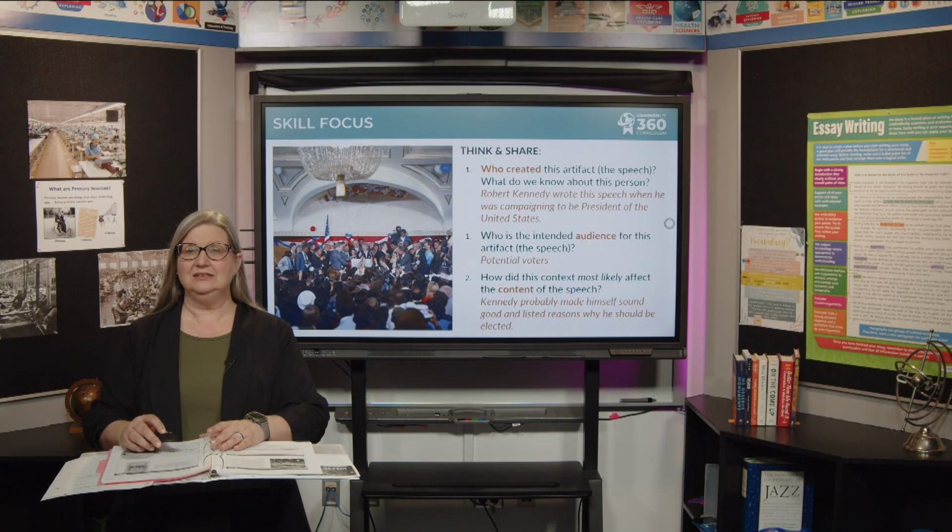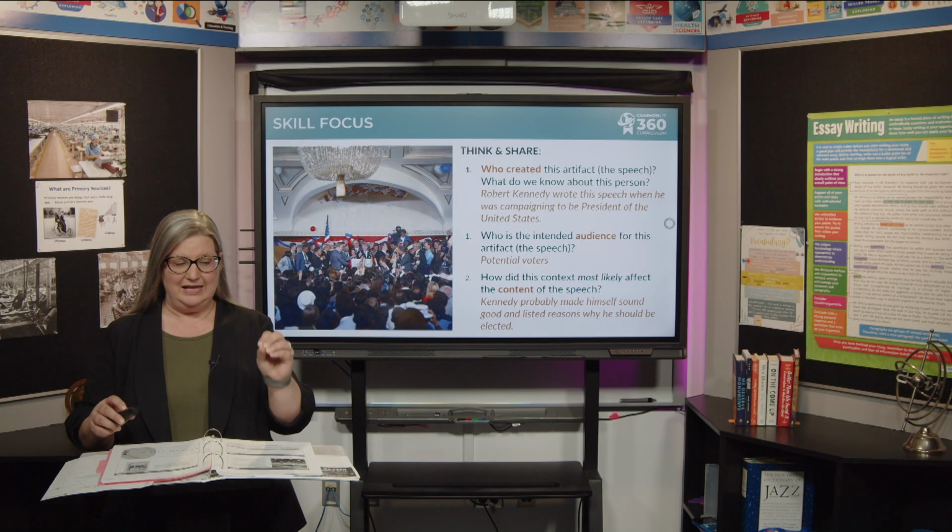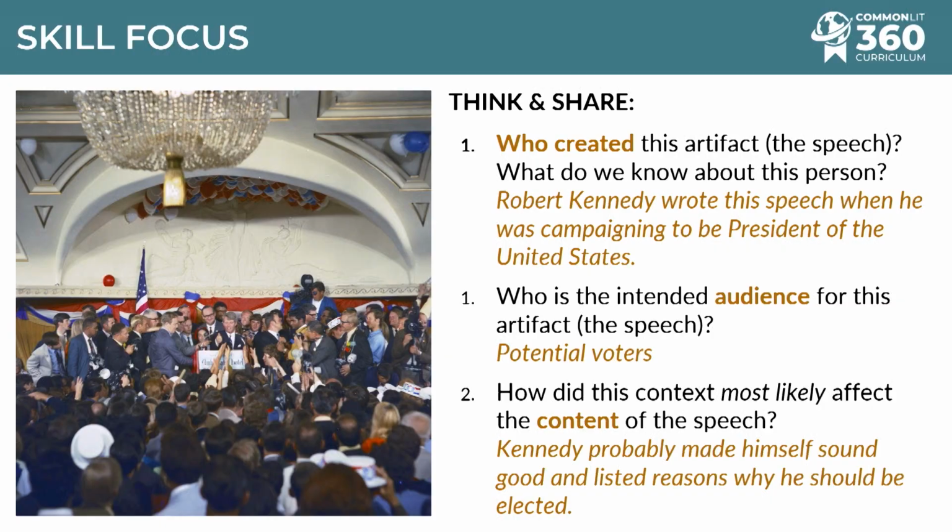Good job. Now let's think about who created the artifact, right? Let's talk about that. So what do we know about this person? We know that Robert Kennedy wrote the speech when he was campaigning to be president of the United States. Okay, the intended audience are potential voters, those who will potentially vote for him. And then how did the context affect the content?